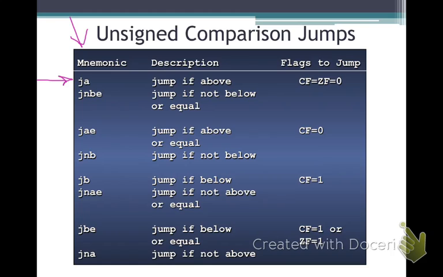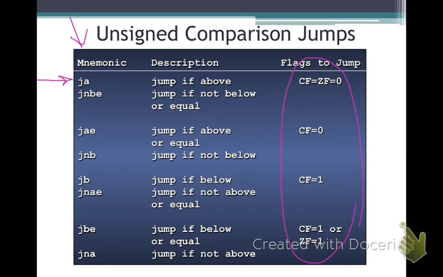Now, here's a thing that we didn't mention before. In fact, I don't even think I said anything about them, is looking at which flags are actually set or cleared, or upon which flags will the jump occur.